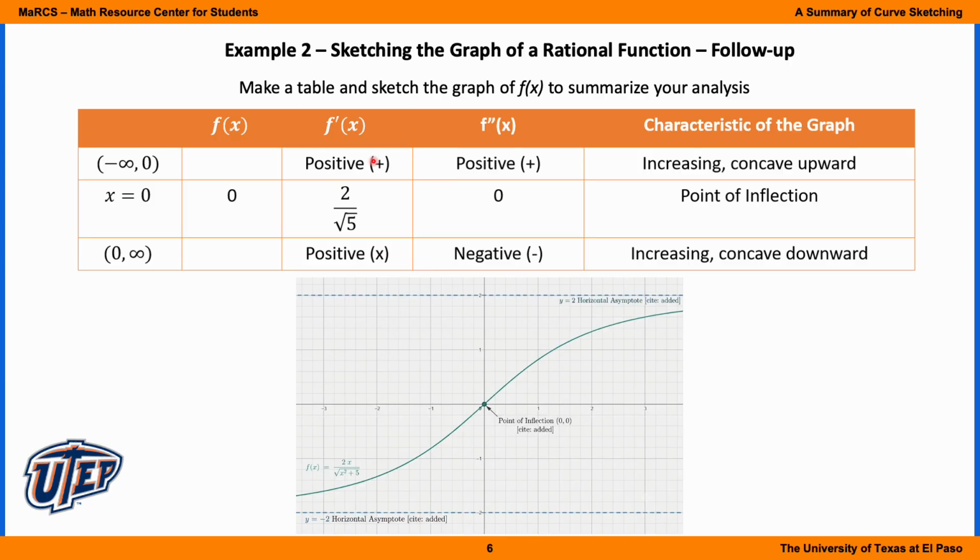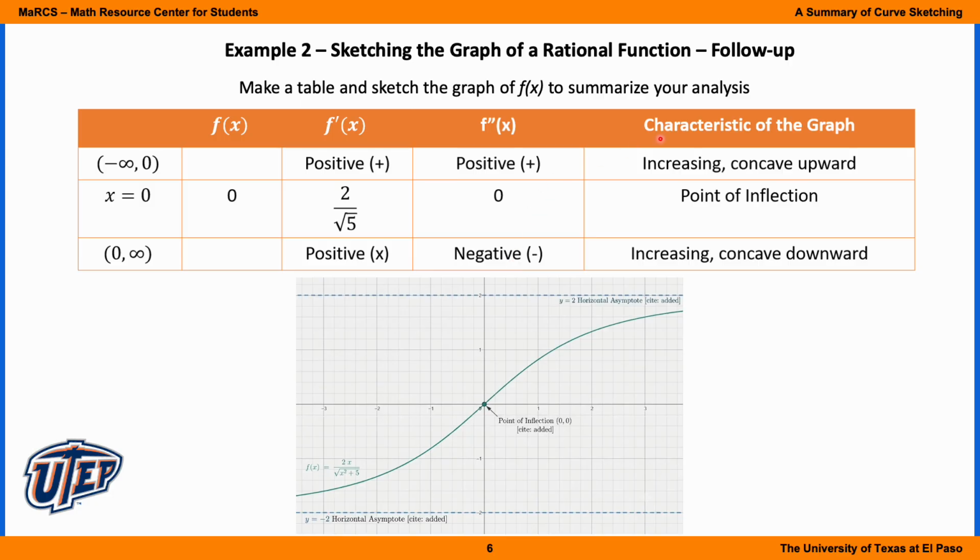And on the interval 0 to infinity, f prime of x is also positive. Now, the second derivative evaluated at the point 0 is also equal to 0. And we get that on the interval negative infinity to 0, it is positive. But on the interval from 0 to positive infinity, the second derivative is negative.